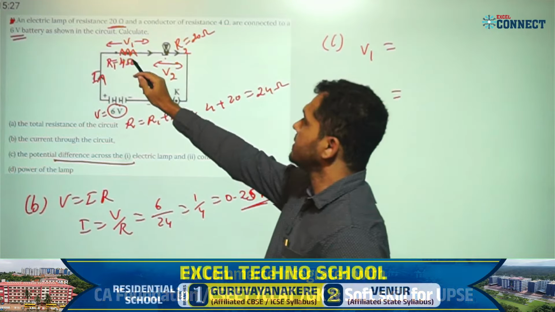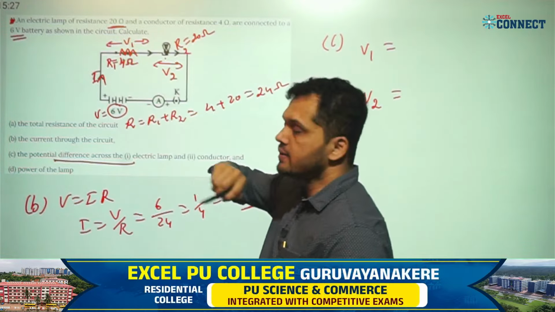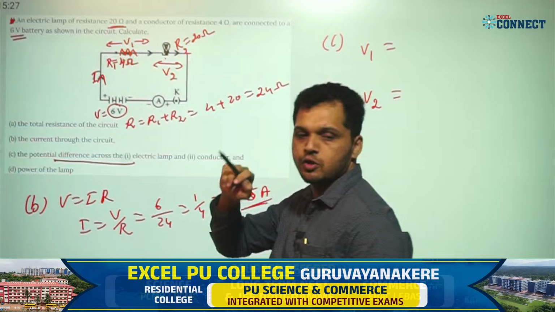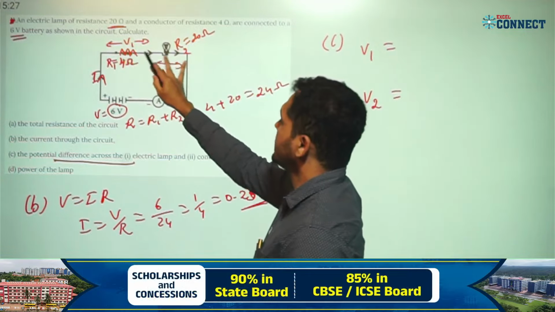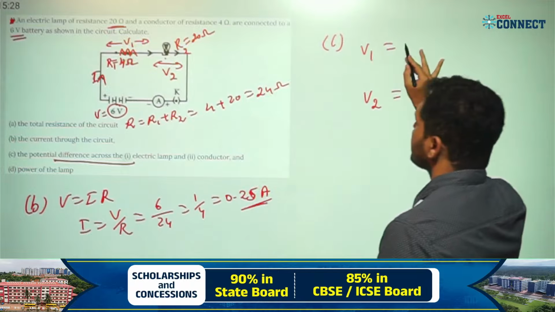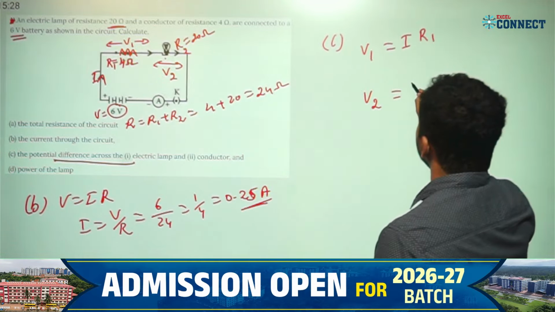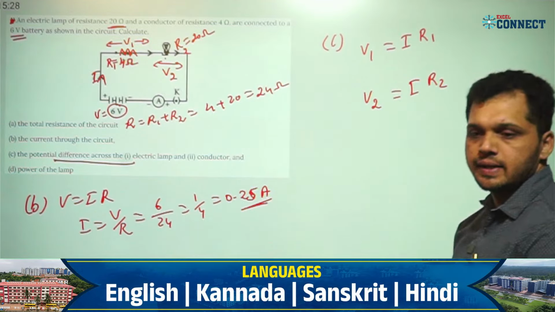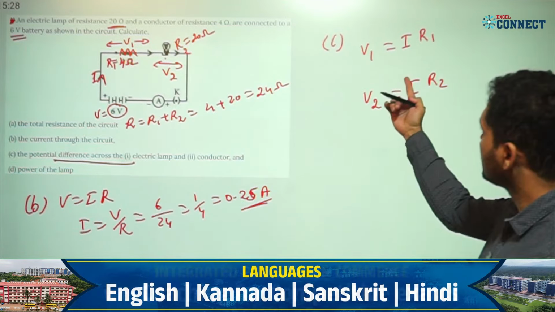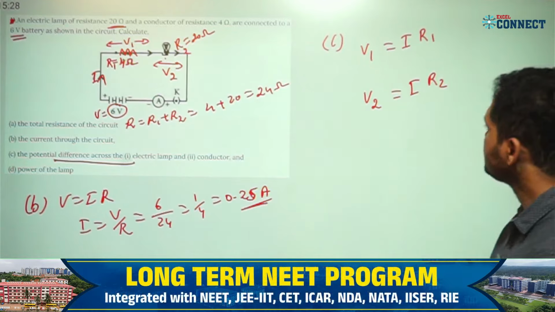See students, since these two devices are in series, then what is the current through each device? Current through each device is equal, right? Current is the same, so V1 is equal to I into R1, V2 is equal to I into R2, using Ohm's law, right?